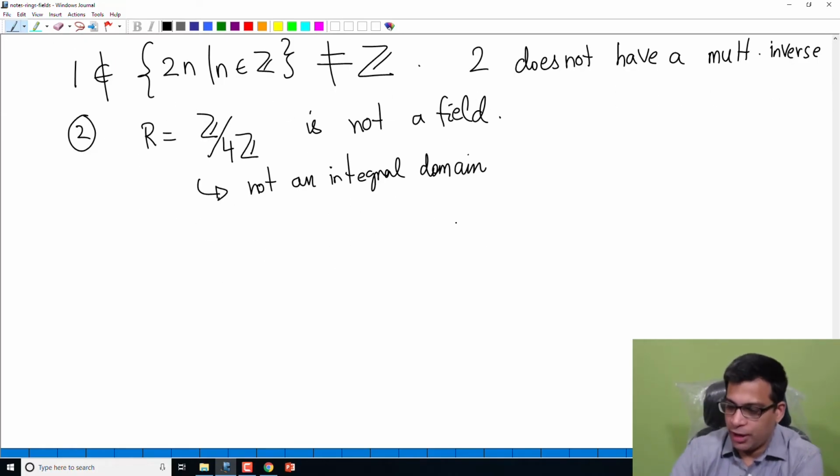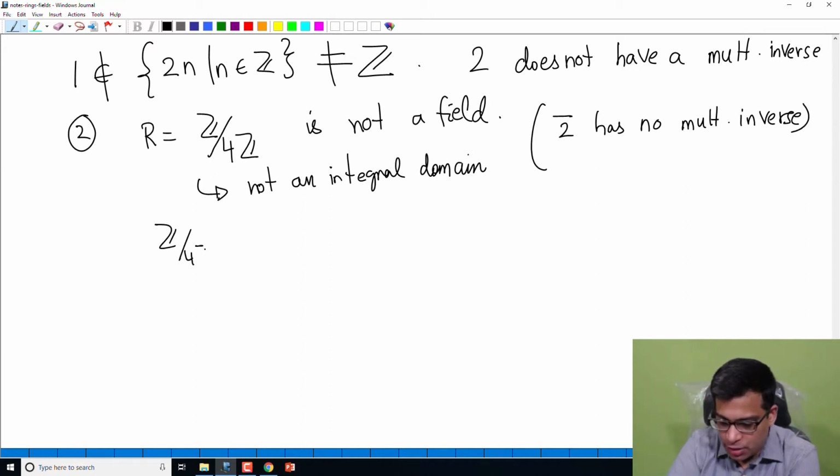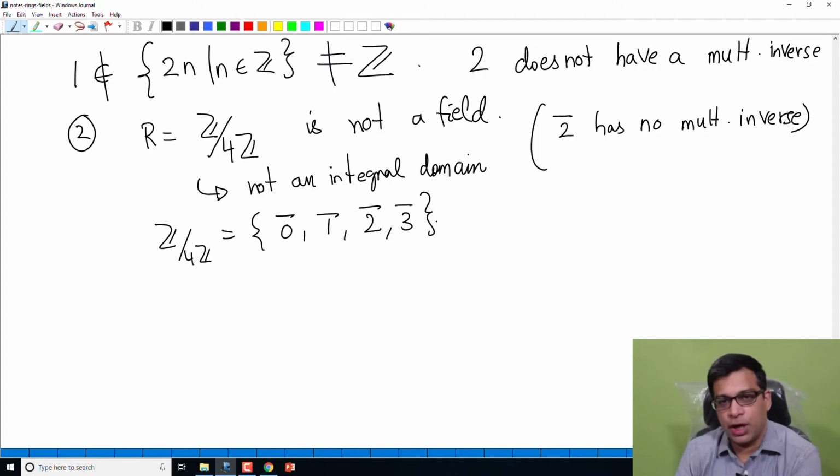So for example, remember 2 bar has no multiplicative inverse in this ring. So if you take Z mod 4Z, remember, is the set of residues modulo 4. So the elements can be written as 0 bar, 1 bar, 2 bar, 3 bar.